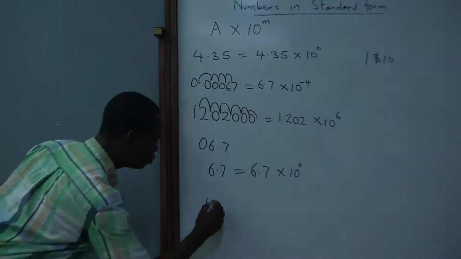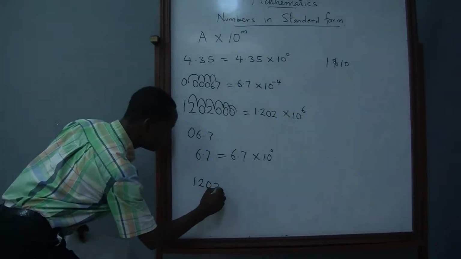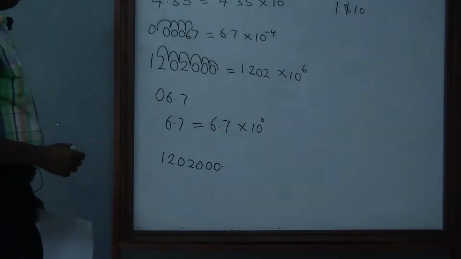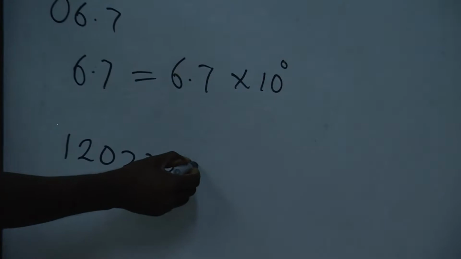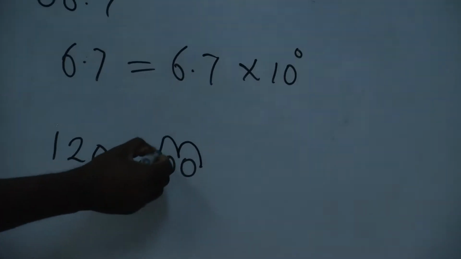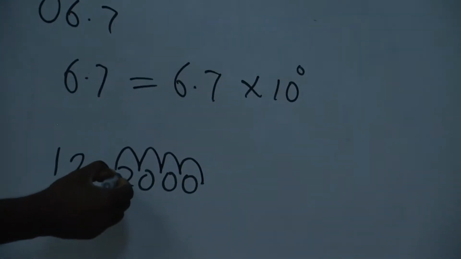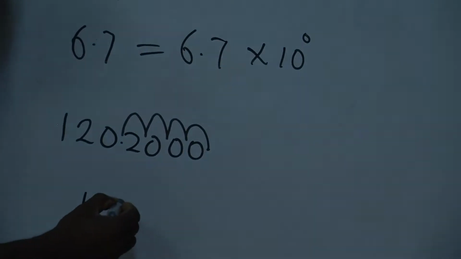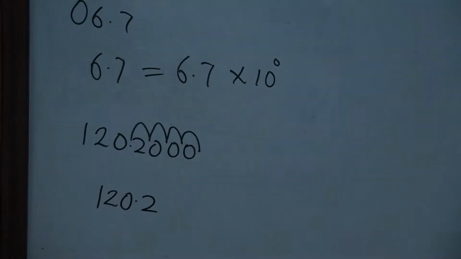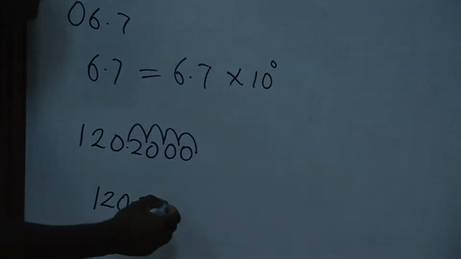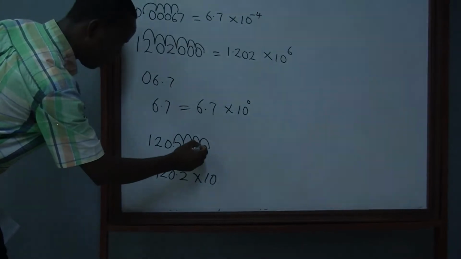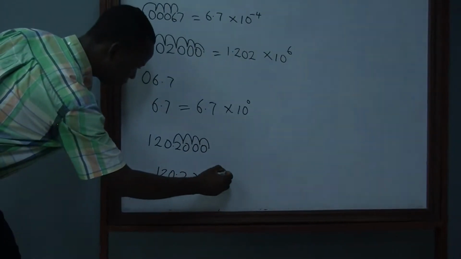If we have 1, 2, 0, 2, 0, 0, 0, with a decimal point here, and this decimal is now moving 1, 2, 3, 4, and it's now stopping here. That means we're going to have 120.2. Is that clear? Beautiful. Then times 10 raised to the power of 4.